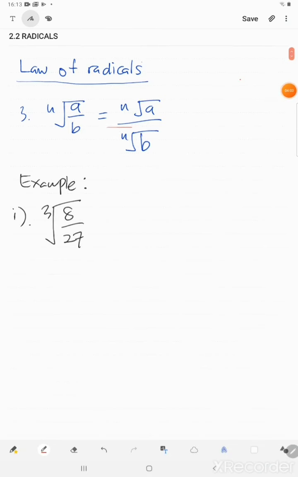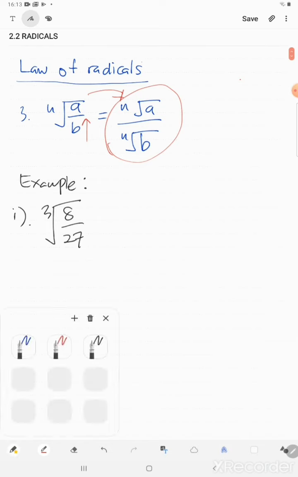This is the third law, where we have the nth root of a divided by b. We can write it as the nth root of a divided by the nth root of b. This is the pattern where we write the nth root separately.